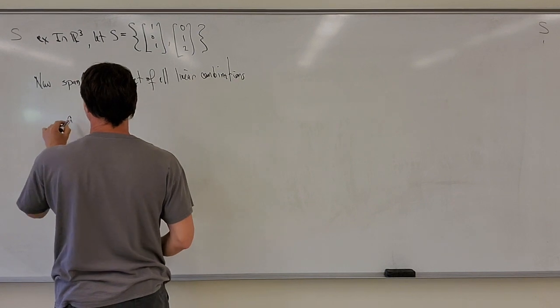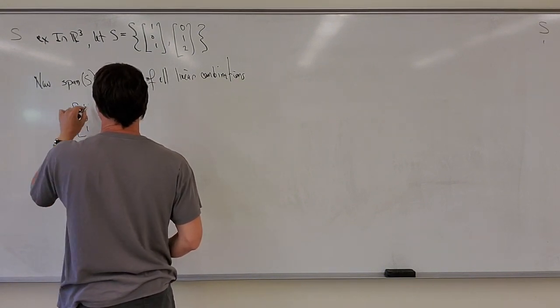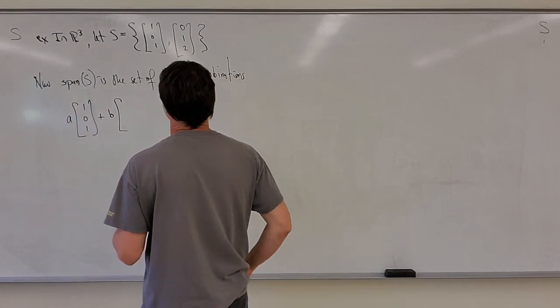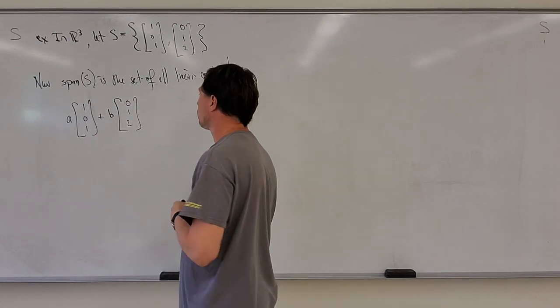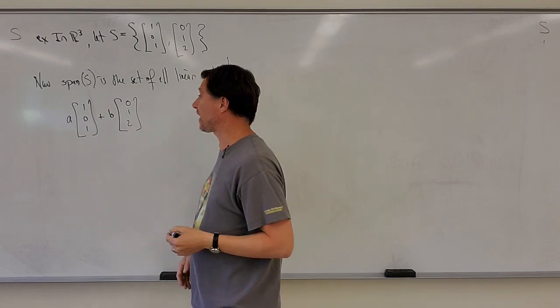So it'll be a constant, let's just call it A, times (1, 0, 1), plus some other constant, I'll use B, times (0, 1, 2). All possible linear combinations, take all those together, that's the span of S.